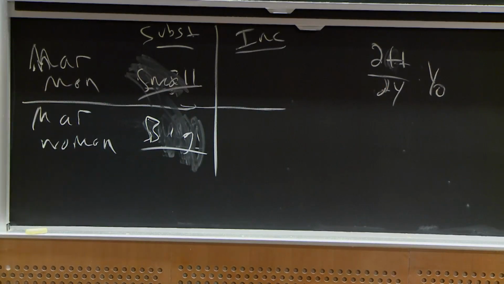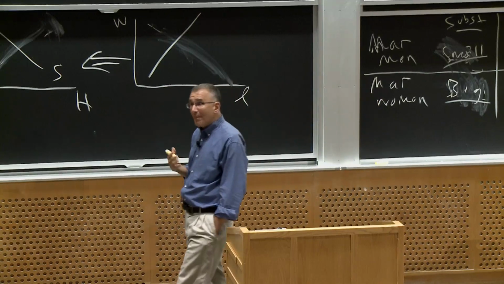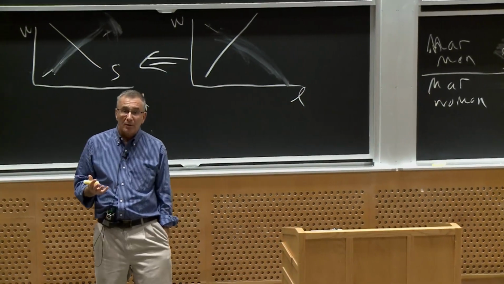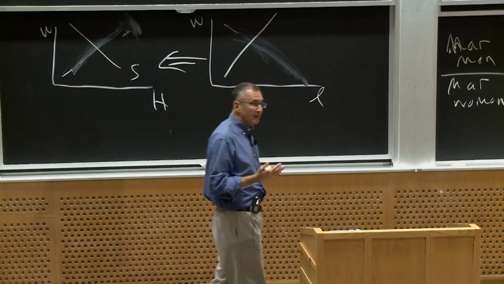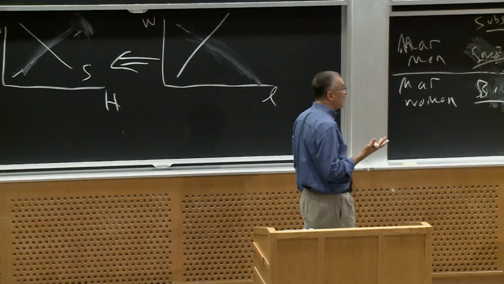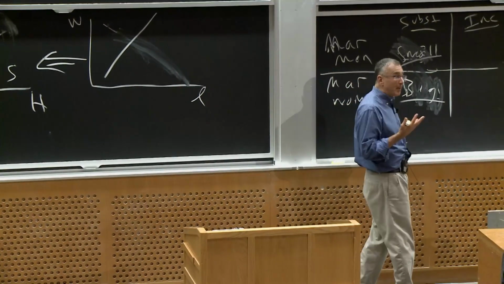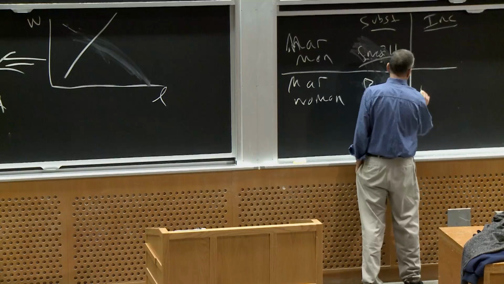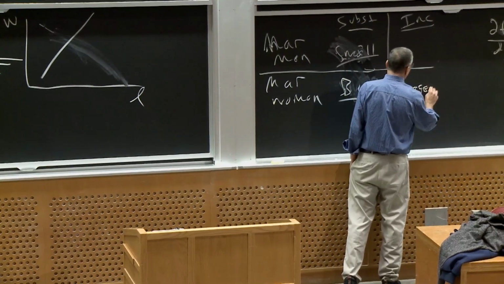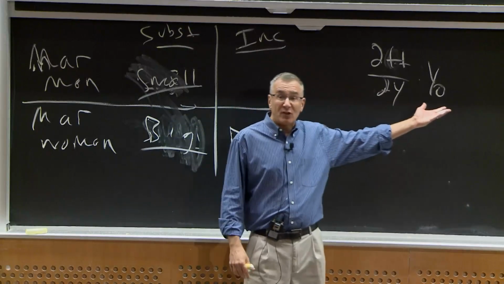Well, if you're women, many of them didn't work. So they had a small income effect. Men, they worked, so the income effect was bigger. Now, maybe not big, but bigger. So you might say here the income effect is bigger. Because women didn't have an income effect because they weren't working.